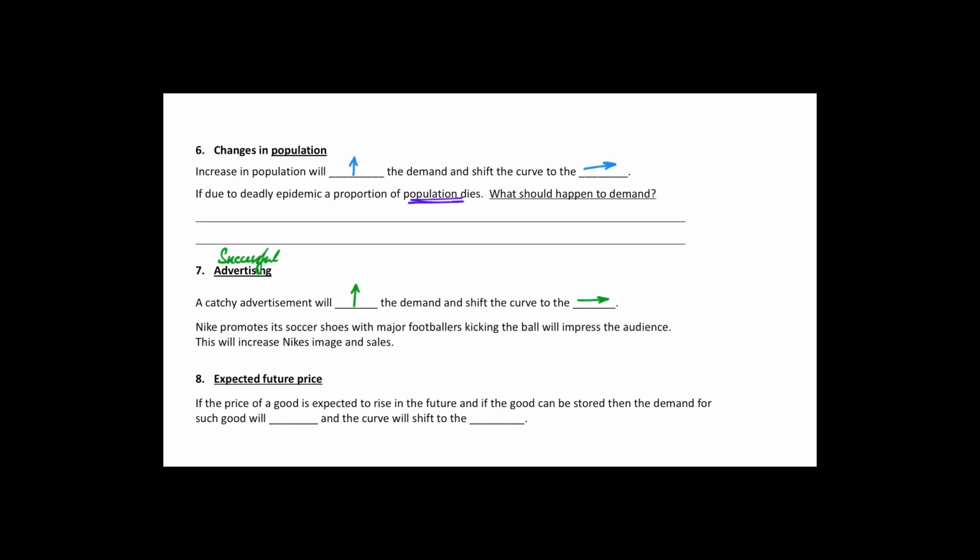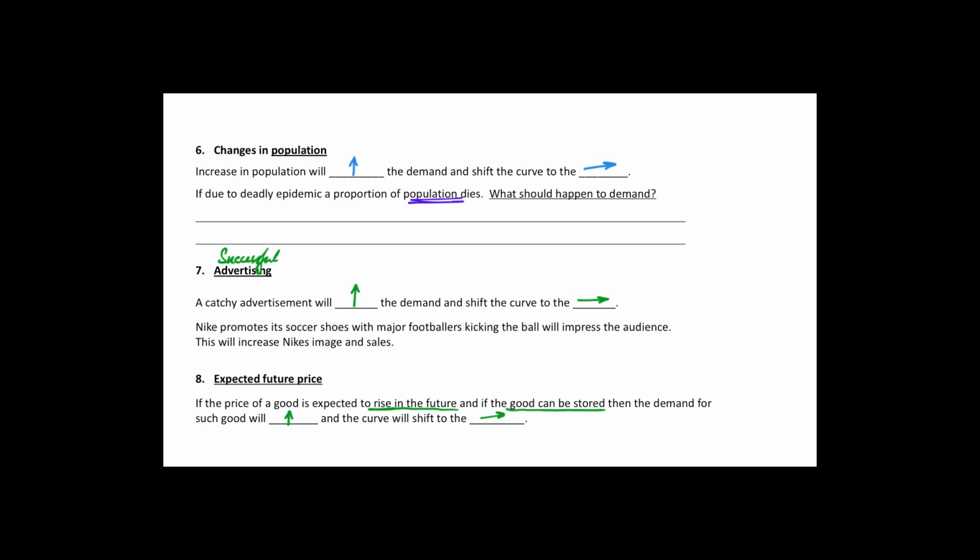Even factor like expected future price has an effect. Expected future prices, what's going to happen to the prices in the future? Well, if you're expecting that the price of the good is going to rise in the future, and the good that you want to buy can be stored for long duration or can be used for a long duration, people will buy those goods now and increase the demand, and the demand curve will shift outwards.